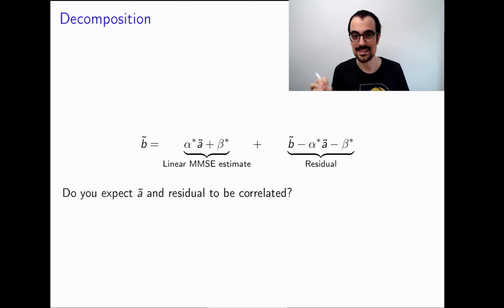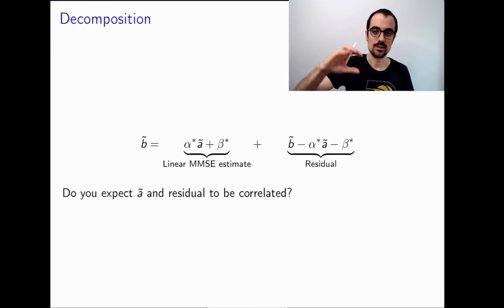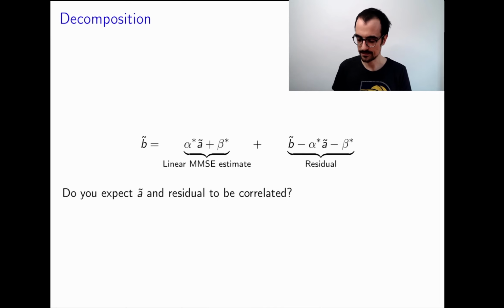But then you could take that and add it to the linear estimate to improve the linear estimate, which cannot happen because the linear estimate is the optimal linear estimate in terms of mean squared error. Okay, so that's an argument why the residual and A should not be correlated. So let's prove that that is indeed the case.